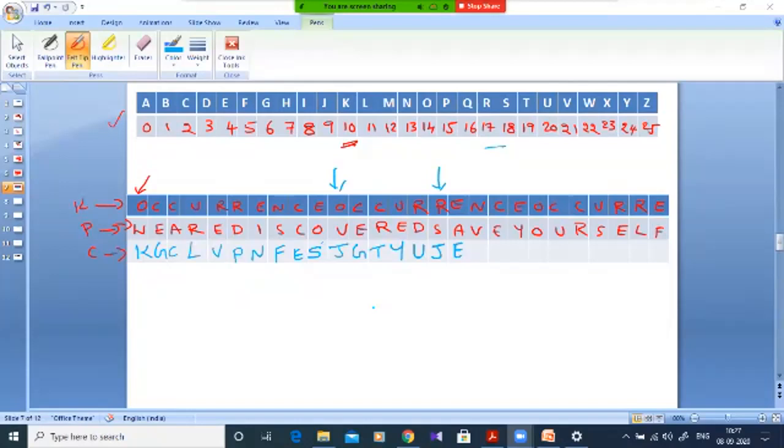Actually, the key was only up to here. So without going for the modulo operation letter by letter, we can directly write down the repeated occurrence up to the last letter of the plain text.